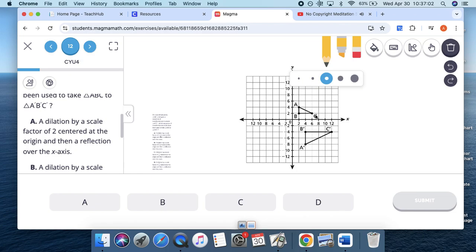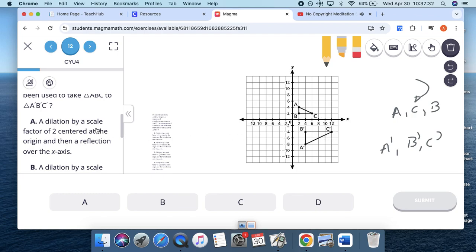And then look at the orders of A, B, and C. If you go clockwise, look at the smaller triangle, the original triangle, it's A, and then C, and then B, right? And if you go clockwise on the other one, the bottom one is A prime, and then going clockwise, it's B prime, and then C prime. Notice that the order changed. So that tells me there was a reflection. So definitely a dilation, and then a reflection.